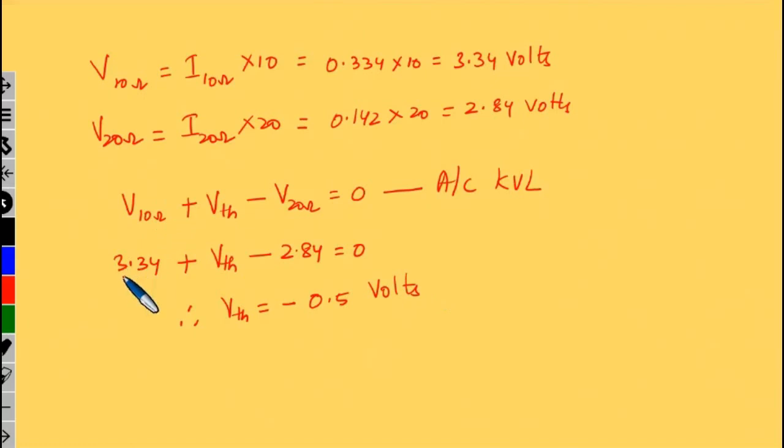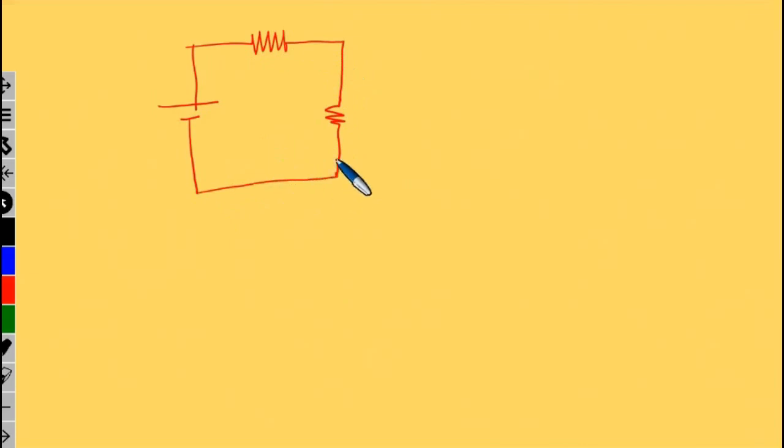So now we need to find out the current flowing through the R5 resistor, which is what we were asked in the question. So first we have to draw the circuit. This is your V Thevenin, this is your R Thevenin, and this is the load across which you have to find the current.